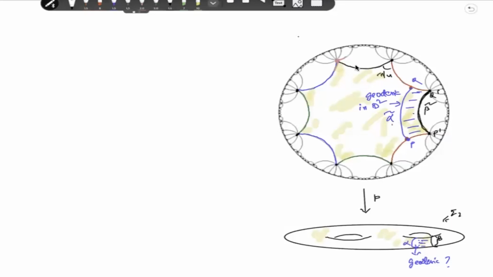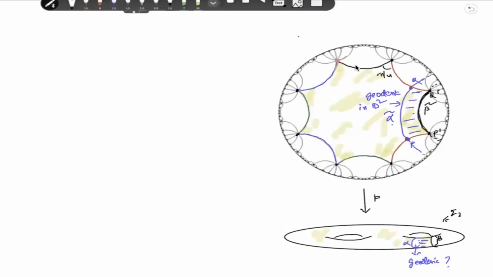Now by the homotopy lifting property, alpha tilde and beta tilde are also homotopic to each other. In the other tiling also you can extend this alpha tilde in the other direction, so you get a bi-infinite geodesic. Similarly you can do it for beta tilde.